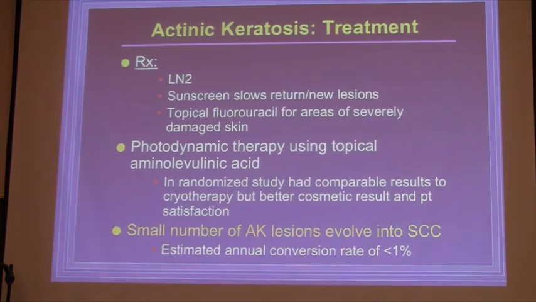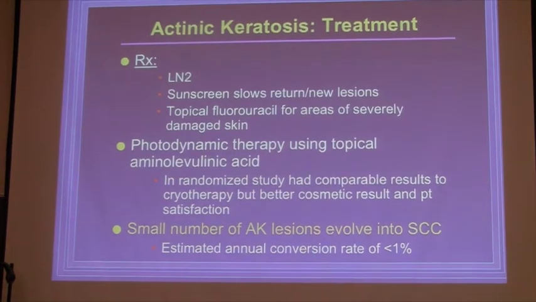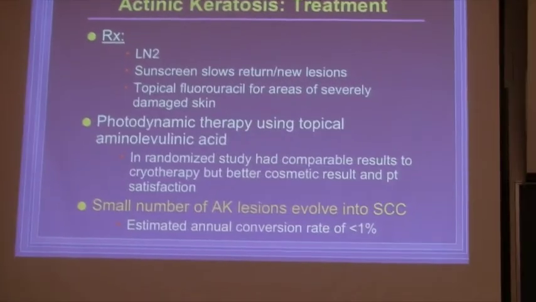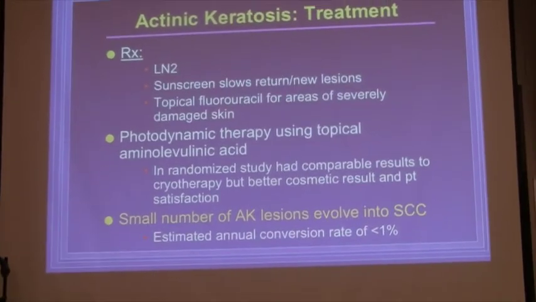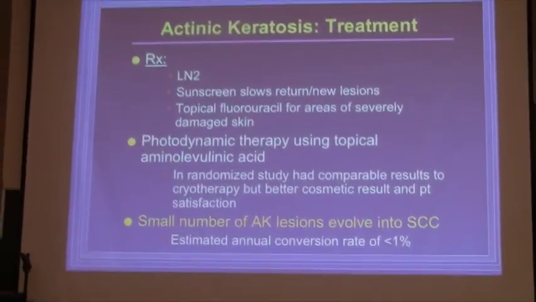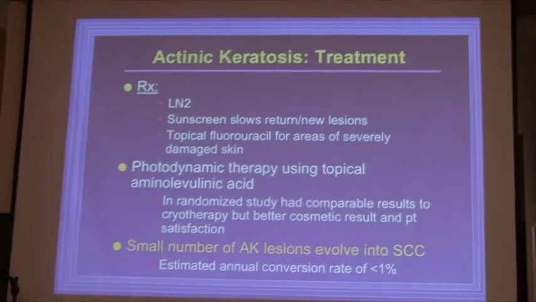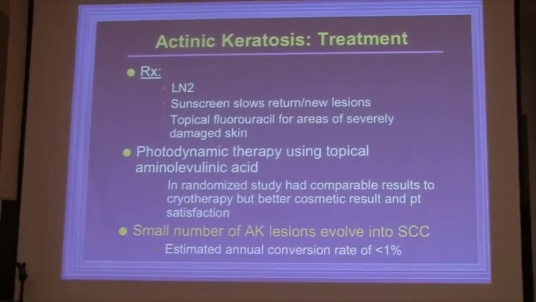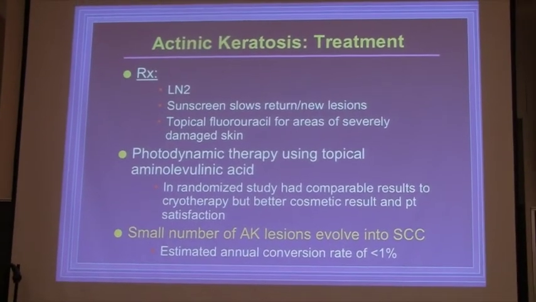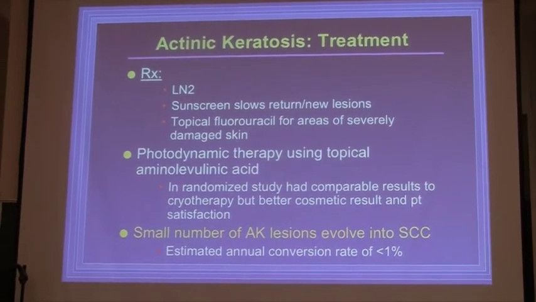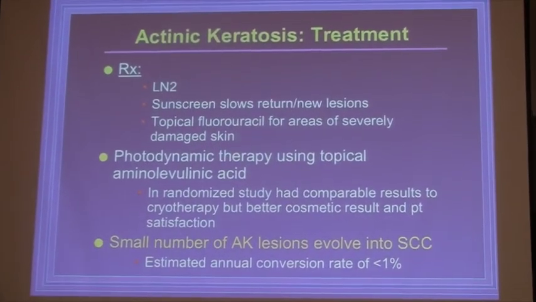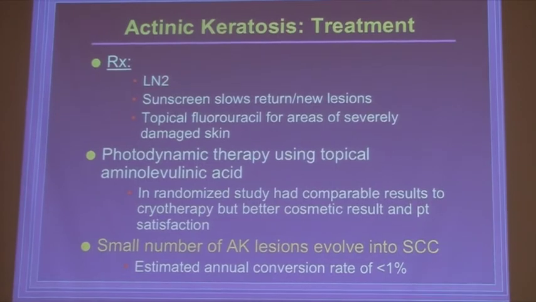Now, some people don't like to be treated, and they say, you know, just give me time, doctor. Give me 3 months, and we'll do that. These things don't become cancer in 2 to 3 months. It takes several years. And there are people where these things will go away if they avoid the sun. So if they start using sunblock, they avoid direct sun, we may find in 3 months that their actinic keratosis has gone away.